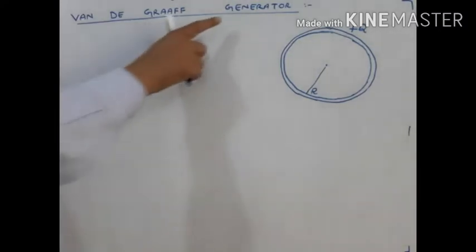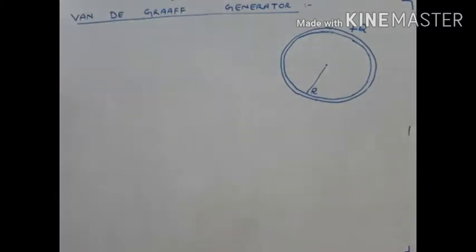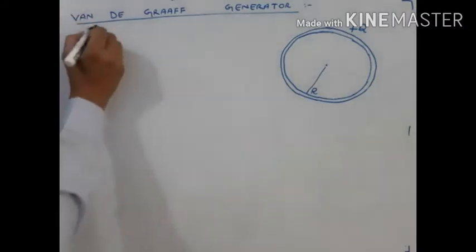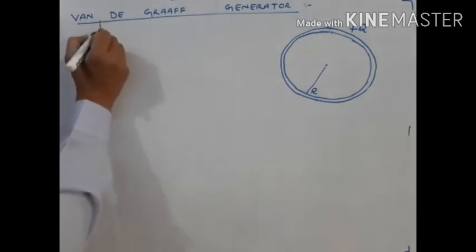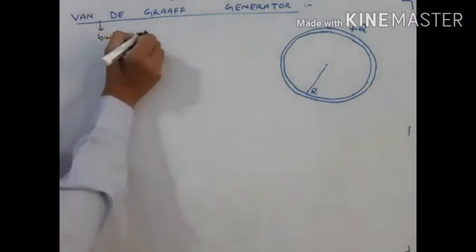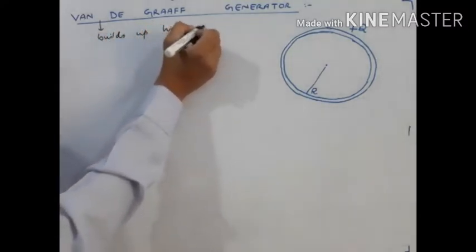This name, generator, what does it generate? It generates, we say, charges. So it is a machine that can build up high voltages. It builds up high potentials or high voltages.